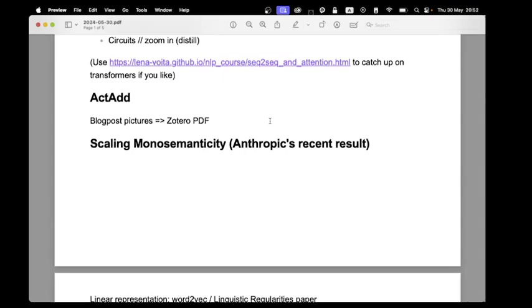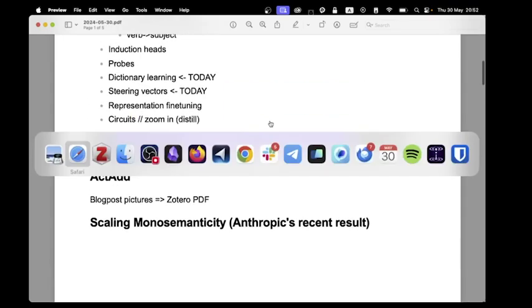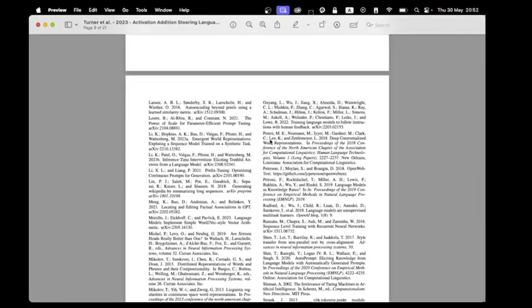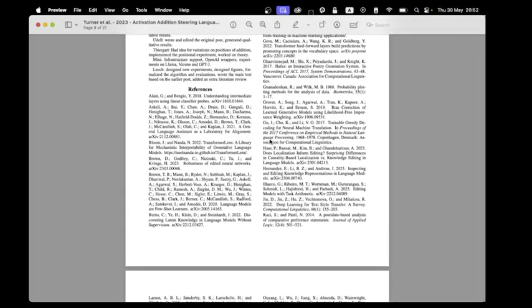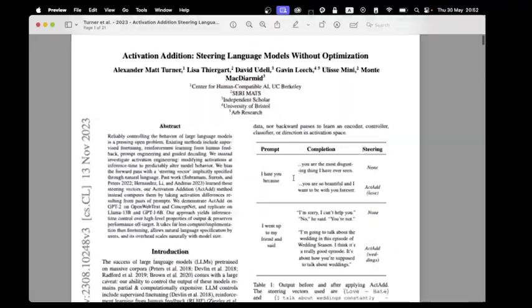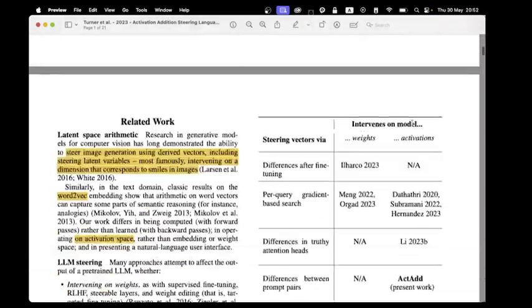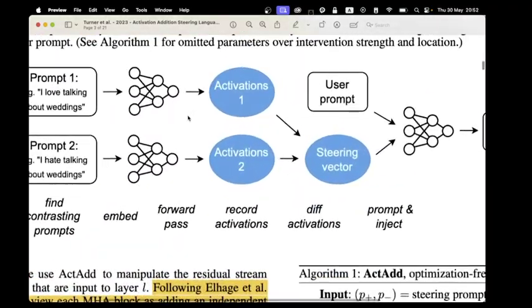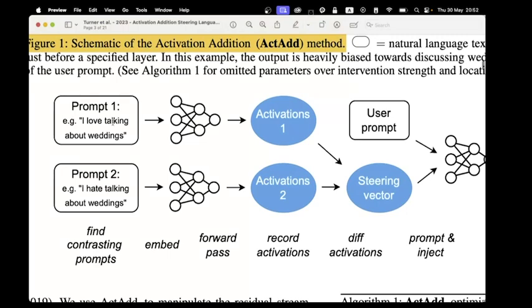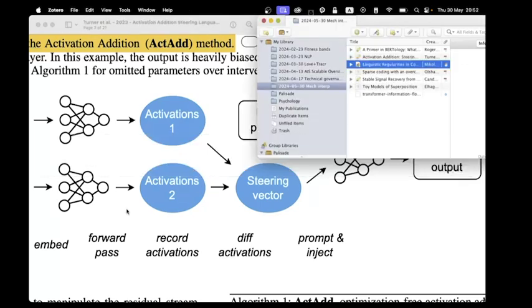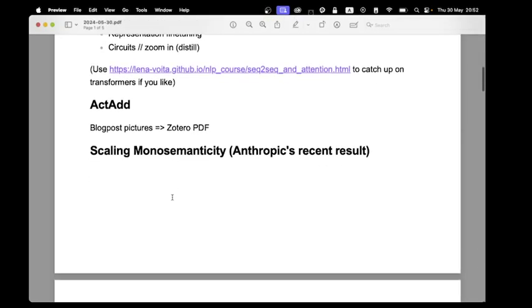Then we covered semantically interesting latent spaces, and this wedding result, which talks about patching activations with a vector which we distill from activations on two dipole prompts. Yep, and this concludes the first part.